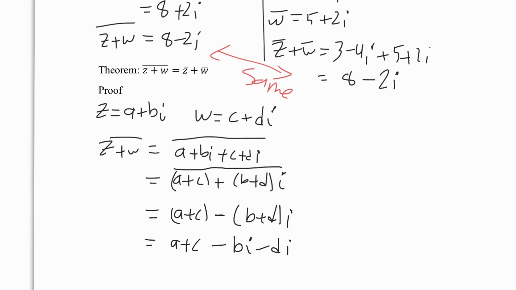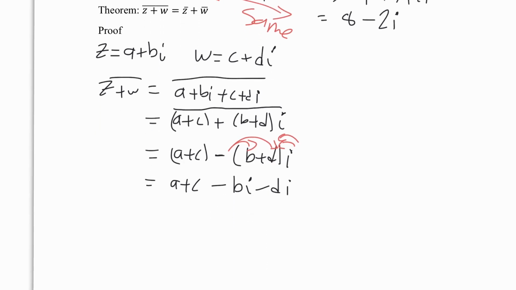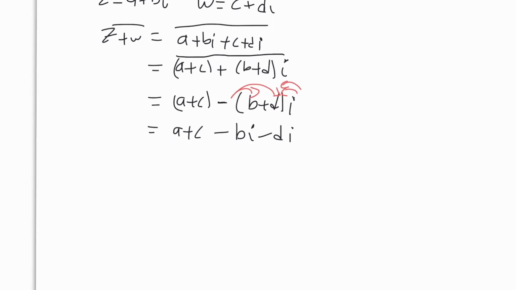What we're doing here is we are distributing the negative in, and we're also distributing the i. All right. Well, we could go ahead and rearrange this. We could put this as a minus bi plus c minus di, which just so happens to be z bar plus w bar. And there's our proof.